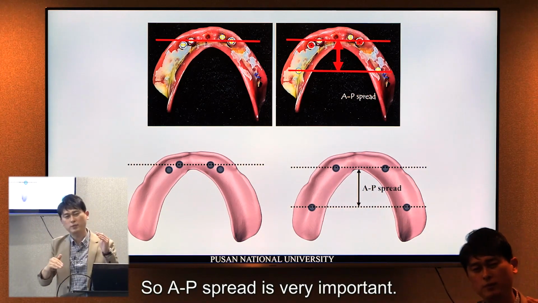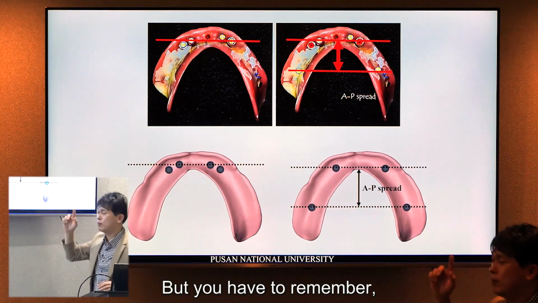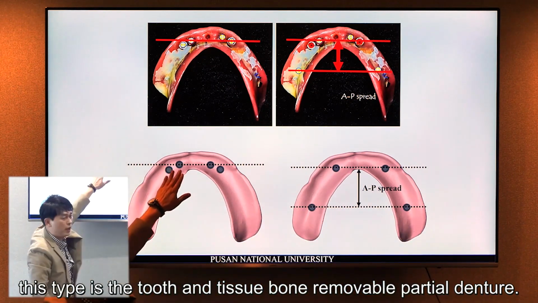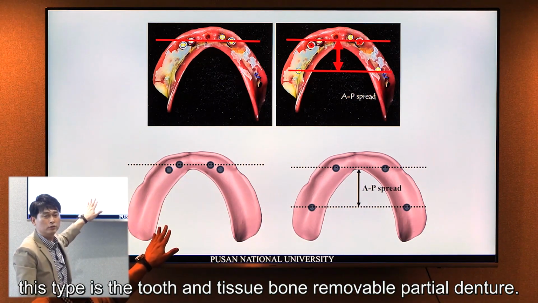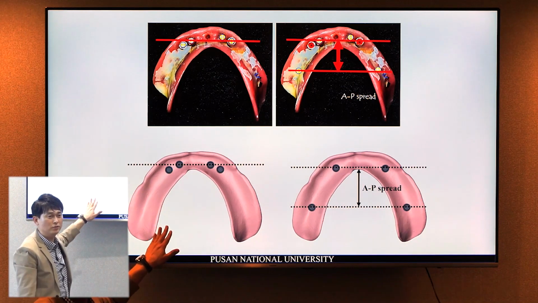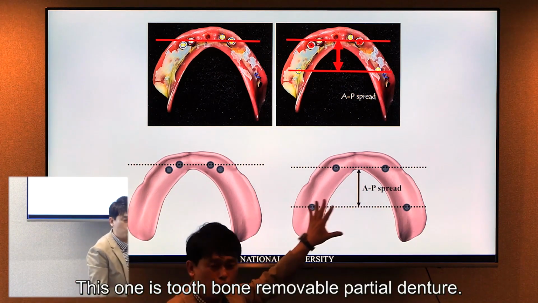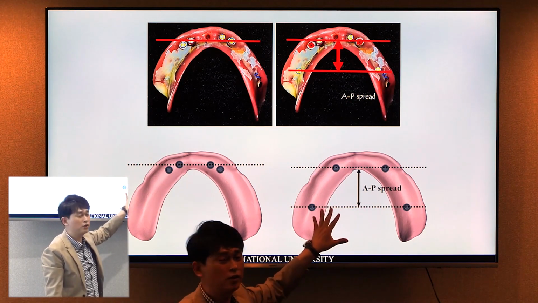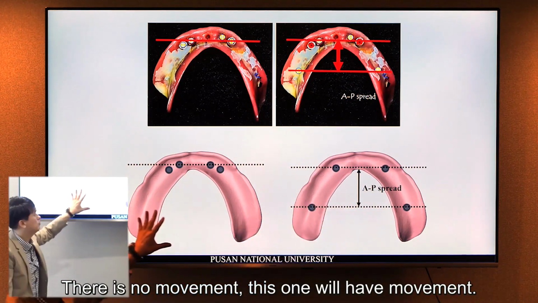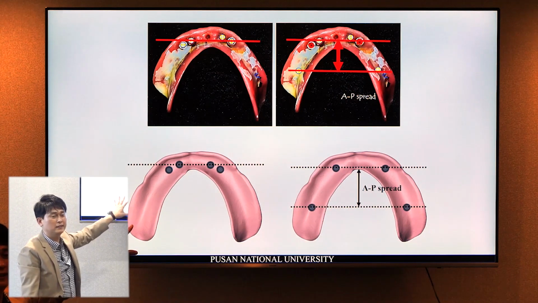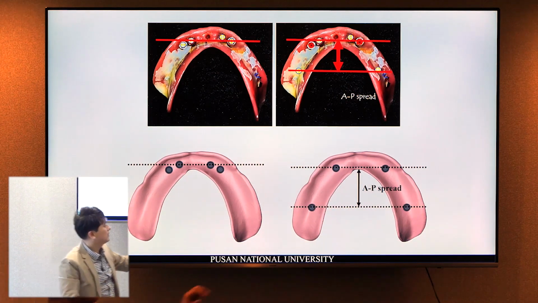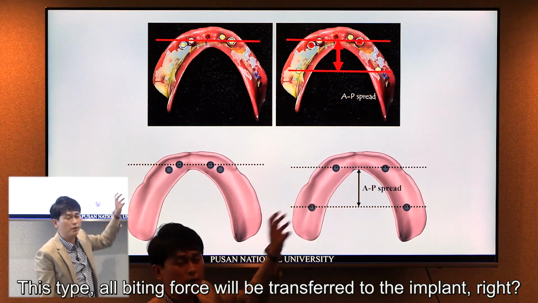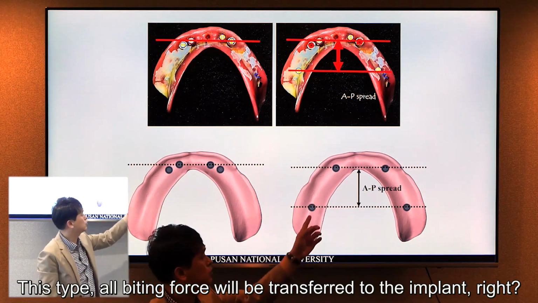So AP spread is very important. But you have to remember, this type is a tooth and tissue borne removable denture. This one is a tooth-borne removable denture. There is no movement. There will be movement here. Oppositely, in this type, every biting force is transferred to the implant, right?